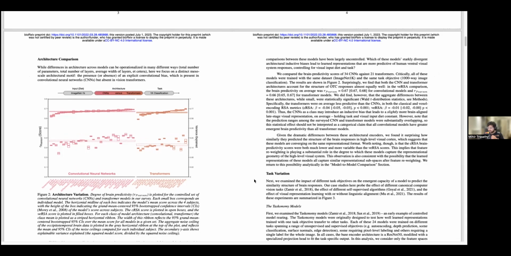Both transformer and CNN-based architectures were predicting the OTC structures equally well. Both had a Pearson score of around 0.67, and 0.66 for the transformer, just a 0.01 difference. So statistically speaking, both models were good at predicting these brain activations.